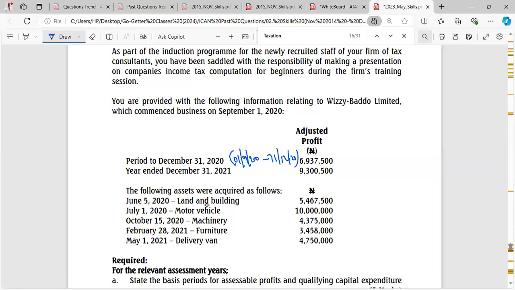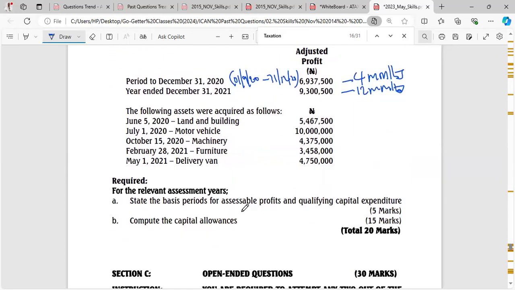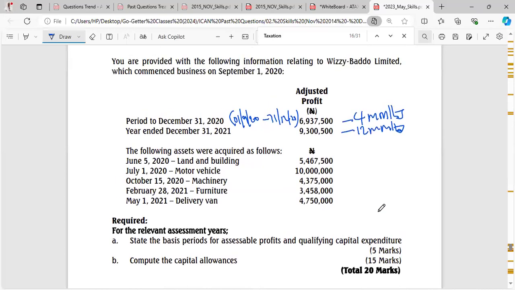September, October, November, December. This is 4 months. And of course, this is year end. This is 12 months. Now look at these assets. Look at where they were bought. Then you were asked to state the basis period relevant for assessable profits and qualifying capital expenditure.